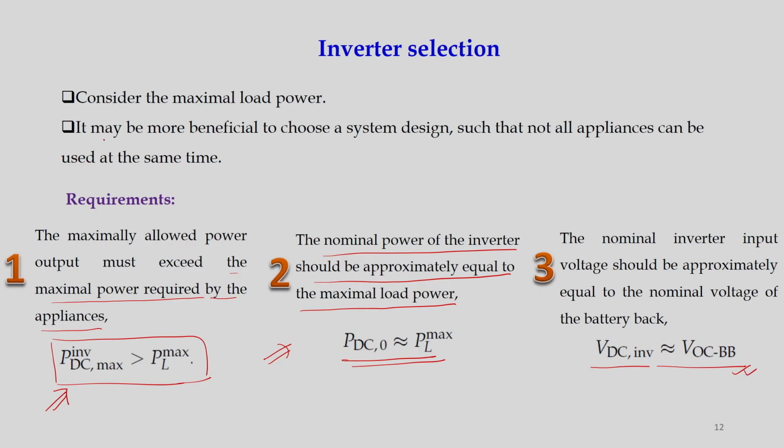So, it may be more beneficial to choose a system design such that not all the appliances can be used at the same time. Okay. This is one of the observations, but while selecting an inverter, we must see these parameters. The inverter has to qualify these parameters, and only then can we select it.